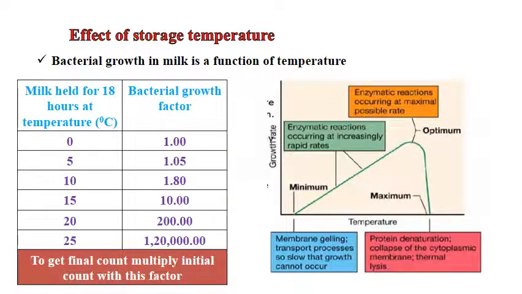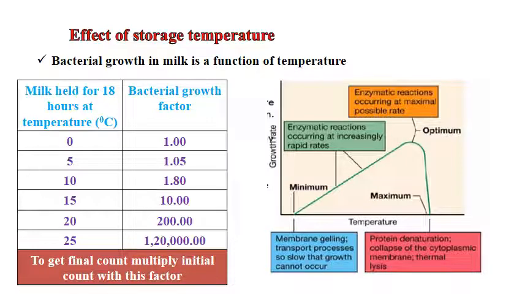Here we can see the effect of temperature on microbial growth. As I said, it is the major factor. In the left column the milk is held at different temperatures for 18 hours, and in the right column is the growth factor, that is how many times growth happens. At 0 degrees in 18 hours, growth is considered as one. At 5 degrees it is multiplied by 1.05.